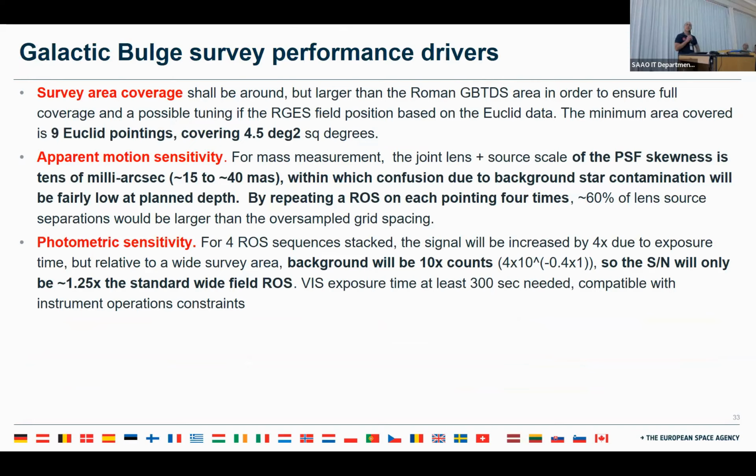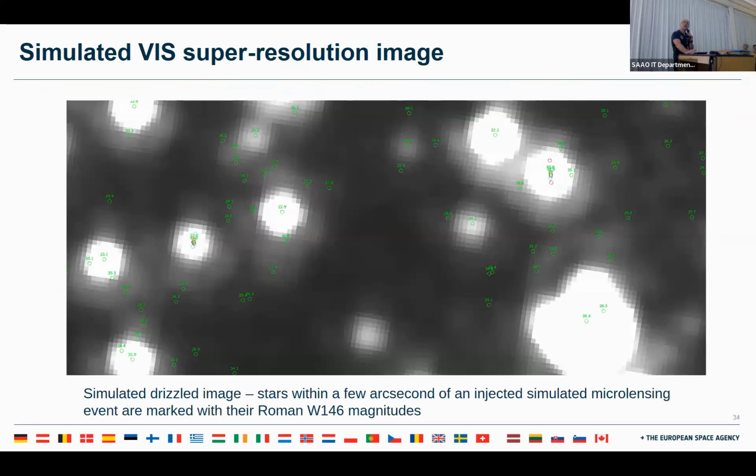To reach the required sensitivity in proper motions, we need oversampling, and with four times repeating the standard reference observing sequence, it was concluded that that's sufficient, and the same setup is also sufficient to meet the photometric requirements. This was the input we got from the exoplanet science working group.